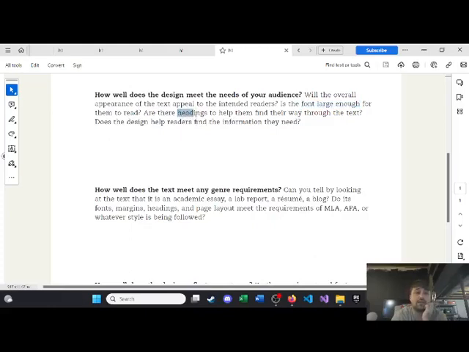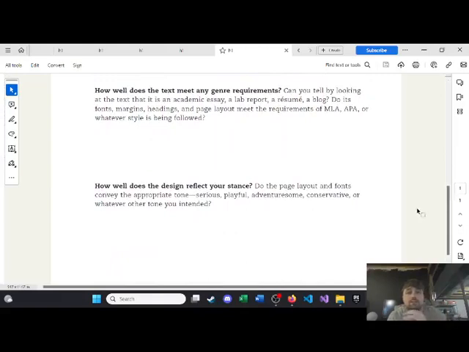So you could consider the headings that you're using in the design. Does it help readers find the information they need? So is it confusing? Does it just look like a mess? Or is it clearly organized in a way where I can easily sort through it, find what I'm looking for? Those kinds of questions.